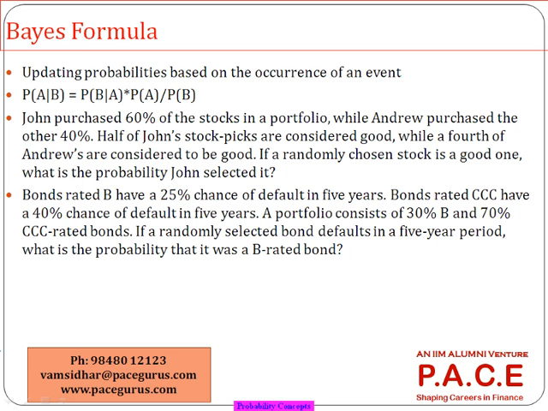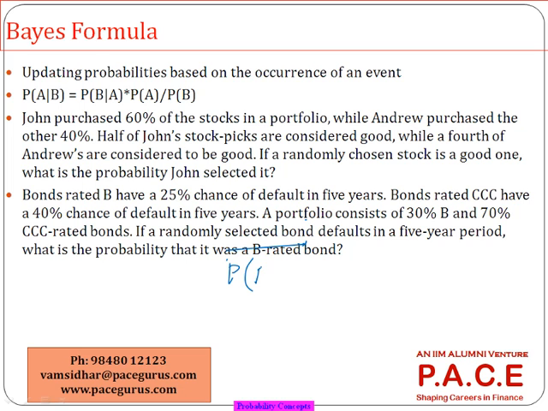Bonds rated B have a 25% chance of default. Bonds rated C have 40% chance of default. A portfolio consists of 30% B and 70% C. So how do I write all these in probability language?